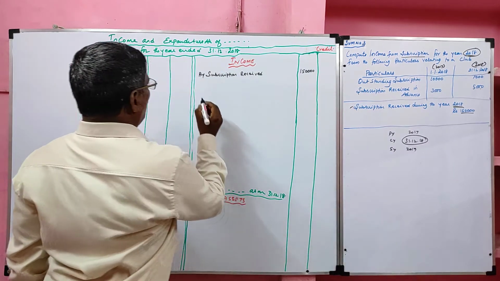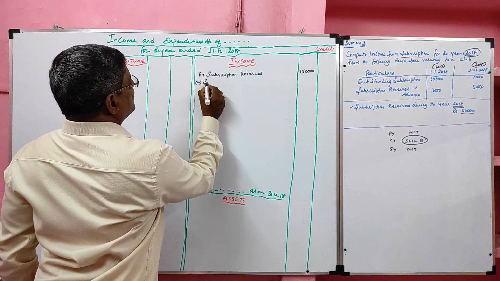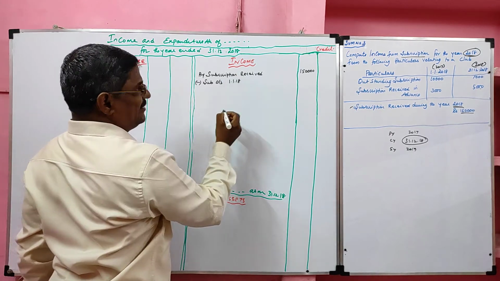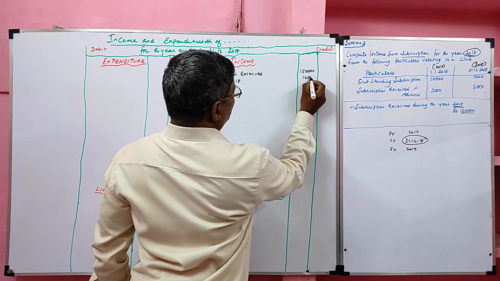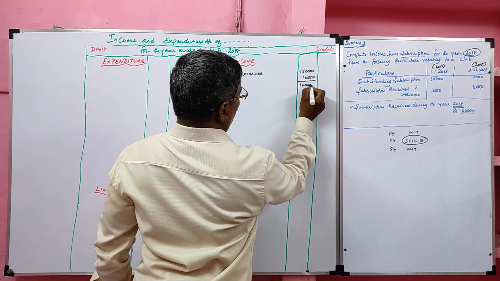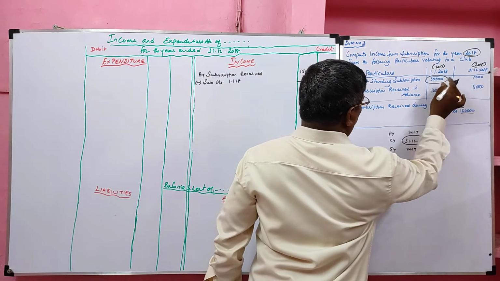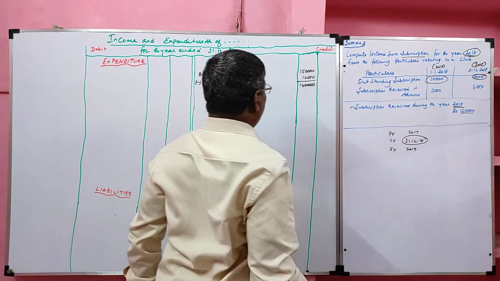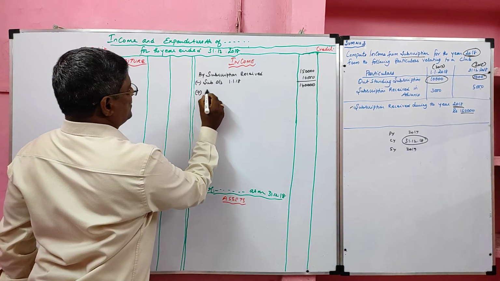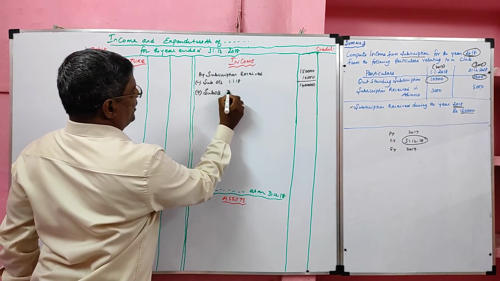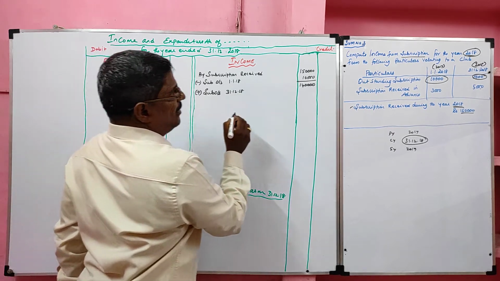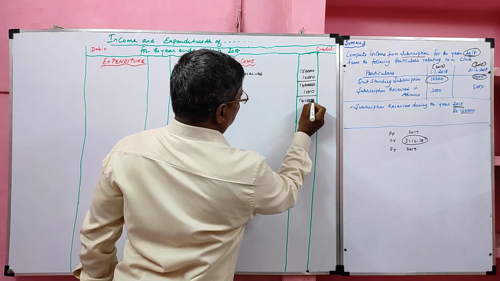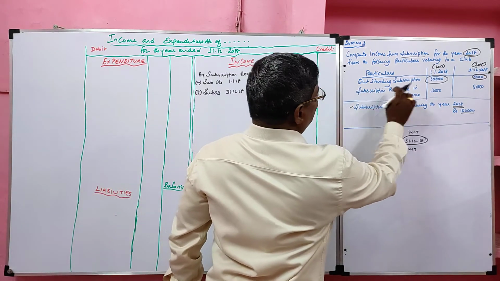Minus subscription outstanding last year, that is on 1/1/2018, that belongs to the previous year, we have to deduct. This subscription outstanding current year 2018, that we have to add, plus subscription outstanding on 31/12/2018, value how much? 1,000 rupees. So 1,41,000.